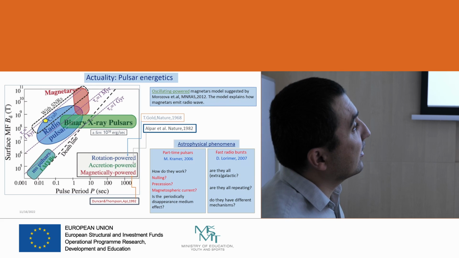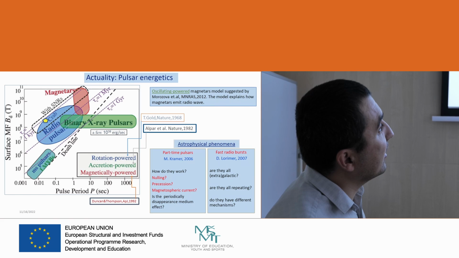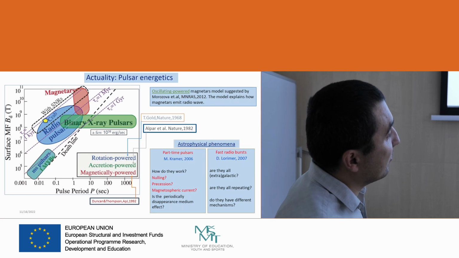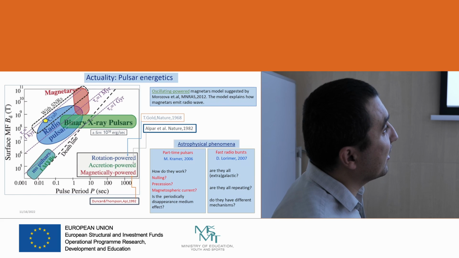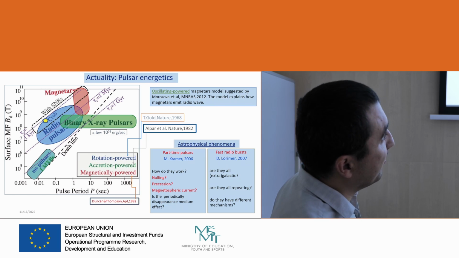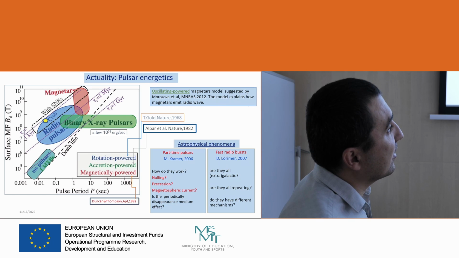And what is the main goal of this? There are some questions, so the pulsar can explain the fast radio burst phenomena and the part-time pulsar phenomena. We can discuss later the mechanism of originating these astrophysical phenomena.